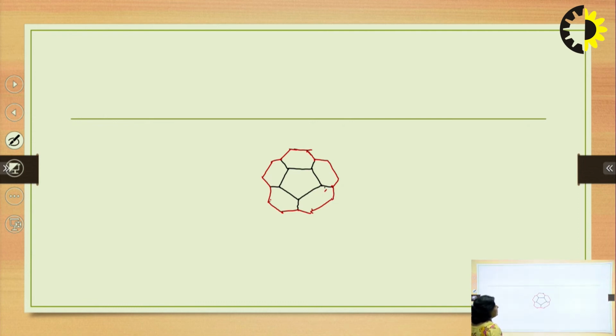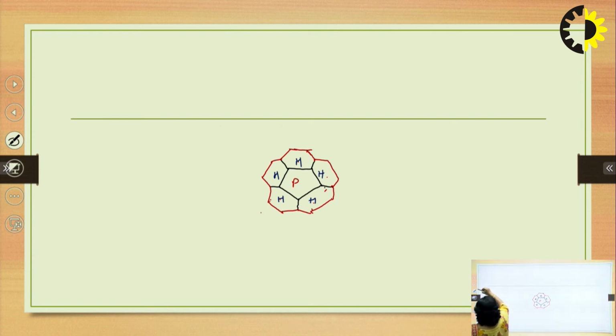Now we have a center pentagon and five hexagons, 1, 2, 3, 4, 5, attached to the pentagon. Let me label it. These are hexagons. Now from these hexagons, there will be more attachments. We are saying no two pentagons are attached to each other, though the hexagons are attached to each other.